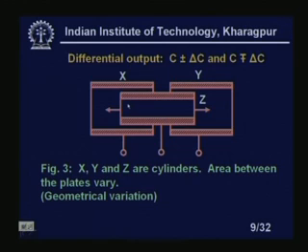The area between this plate and this plate will increase, and the area between this plate and this plate will decrease, right. Now, if it is exactly in the geometric mean position, then the capacitance between X and Z and the capacitance between Z and Y should be exactly identical.